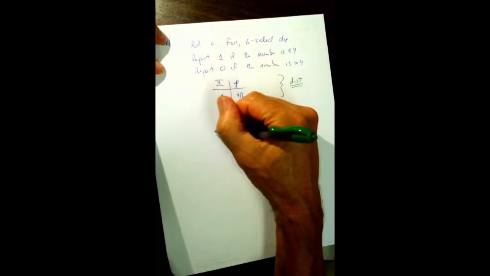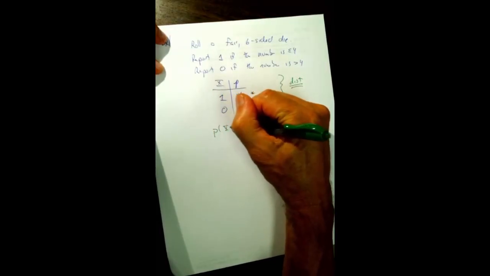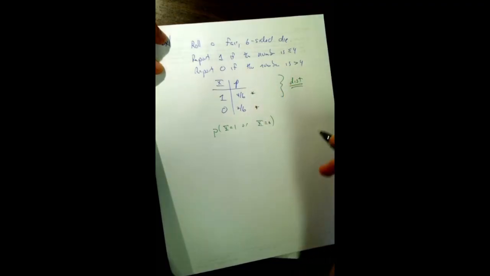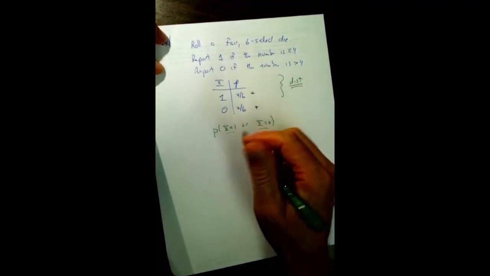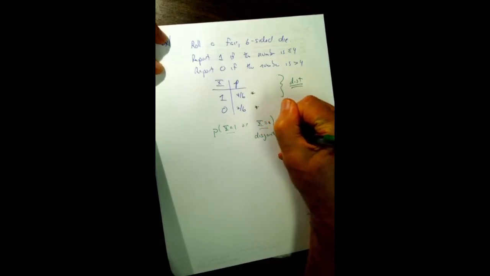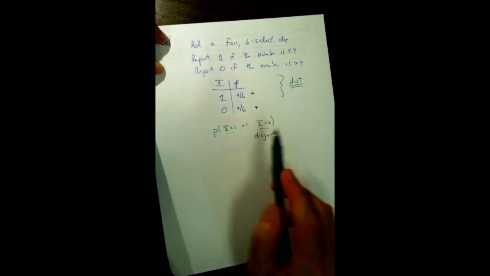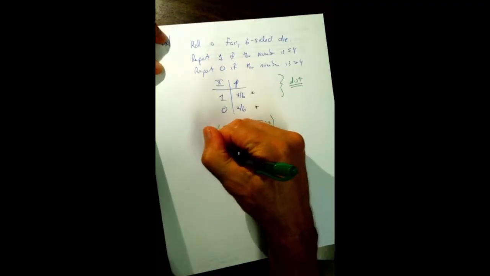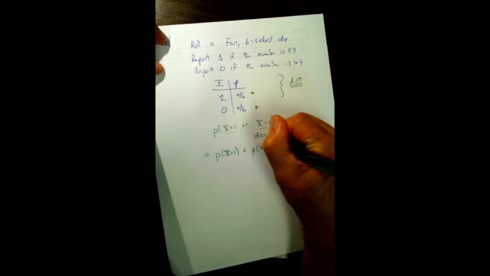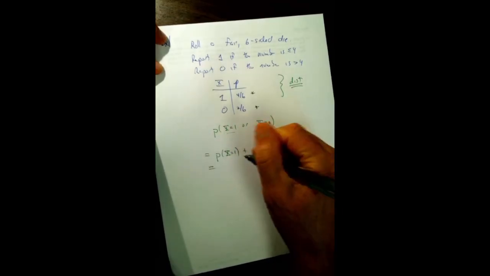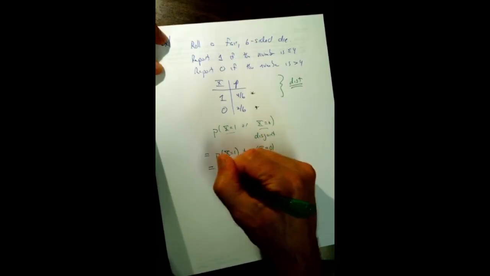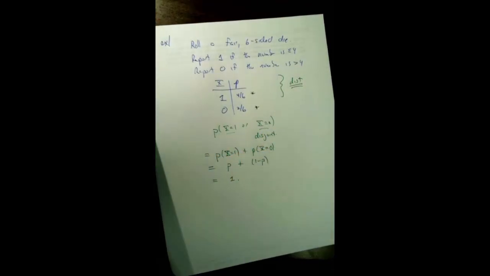And notice the probabilities. The probability that x equals 1 or x equals 0. In this case, the event that x equals 1 and the event x equals 0, those are disjoint. Right? You can't be both 1 and 0. So because they're disjoint, I can break them up separately. The probability x equals 1 is going to be p. Probability x equals 0 is 1 minus p. So the sum is 1.